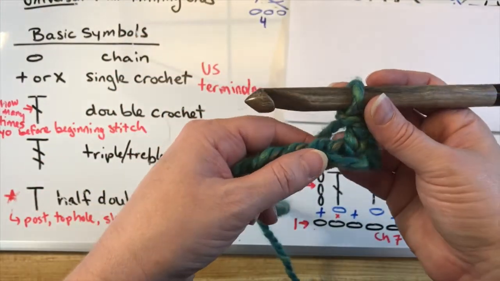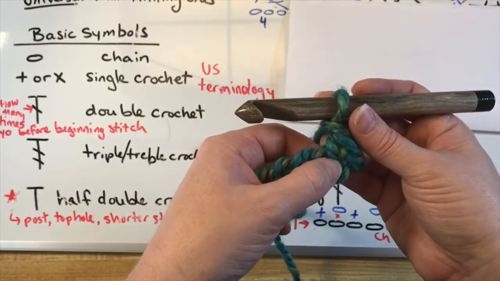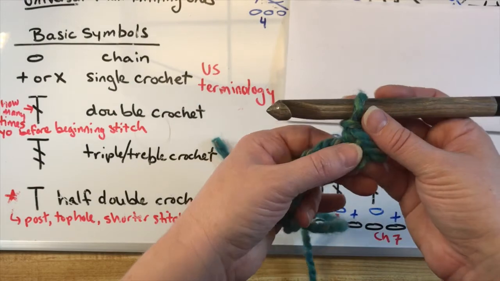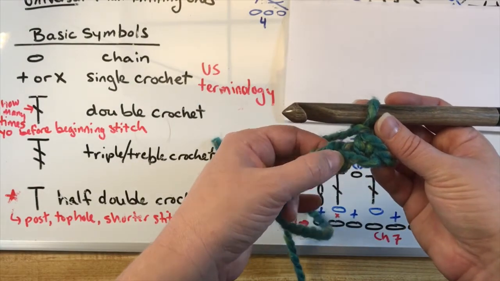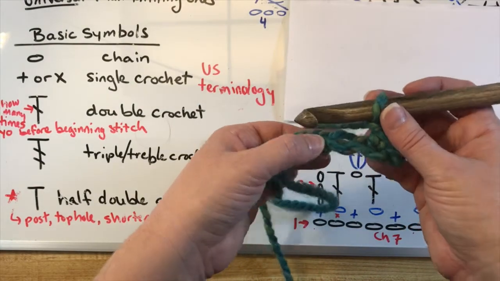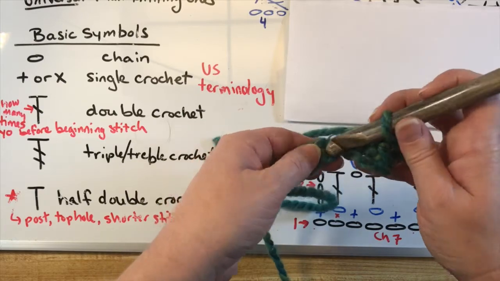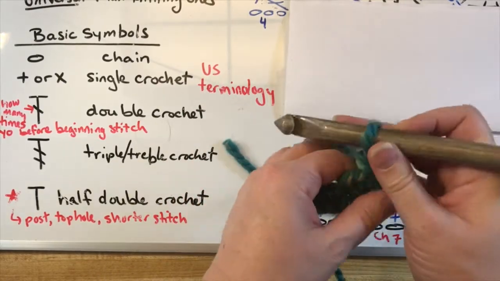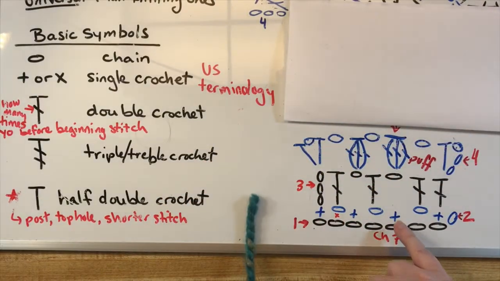So if we take a look at this, here's where my single crochet just went. I want to skip a chain and go into the next chain and do a single crochet. I should do that again.